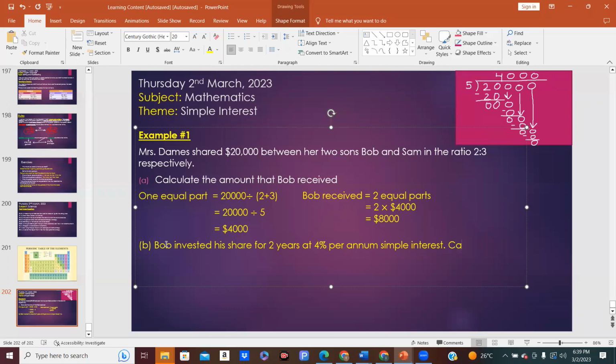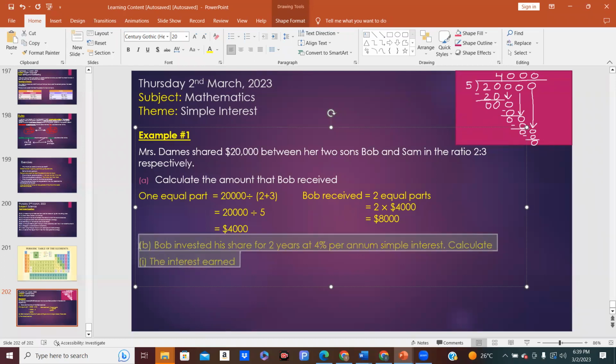Calculate I, the interest earned. Okay, let's figure out how much interest he received.